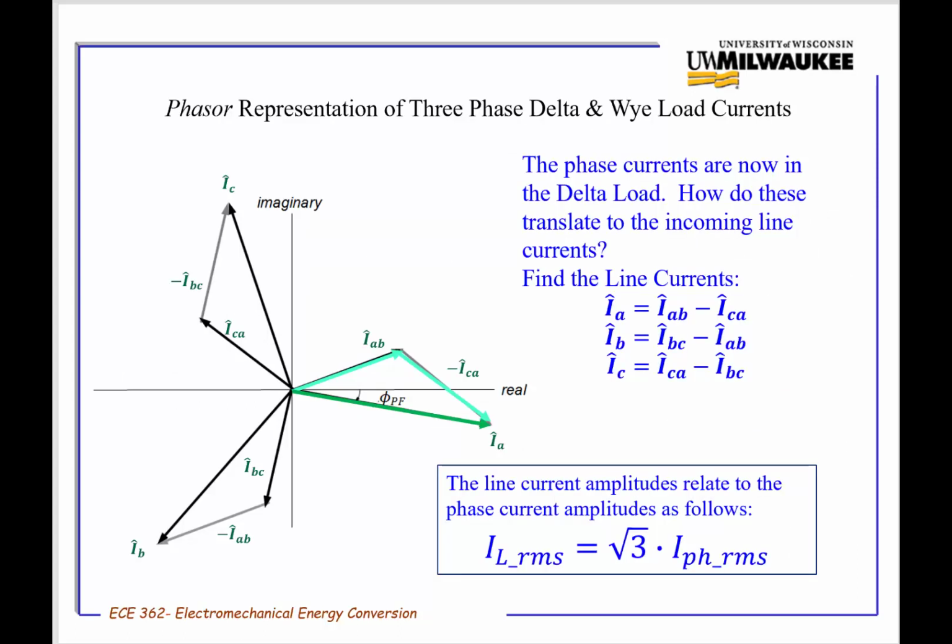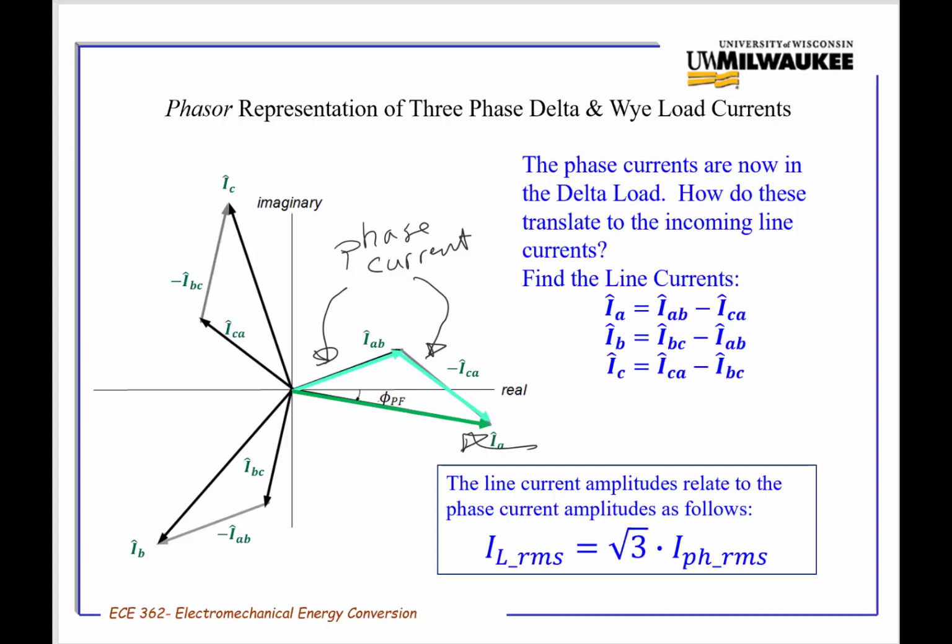It's the vectorial sum, or the phasor sum, of those two currents that make up the line current. So we can look at our phasor diagram and understand a little bit what's going on here. This is a similar situation to the line-to-line voltage calculation, except in this case the phase current from the AB phase and the phase current from the CA phase sum together to make up the line current here.